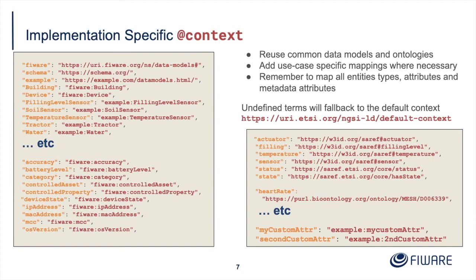All of these values we've got here are coming from the Smart Data Models initiative, where you've got things like well-defined names for devices, but equally, where there are already authorities like SAREF, or in the case of heart rate, we've got some random ontology from Perl.